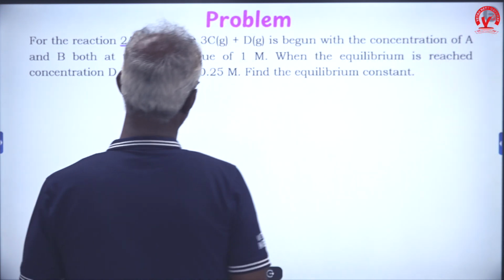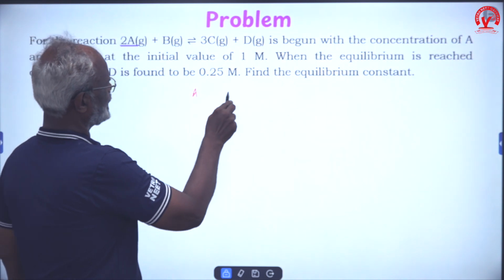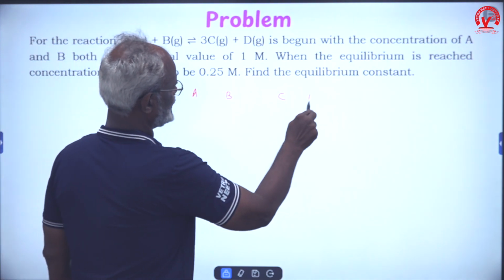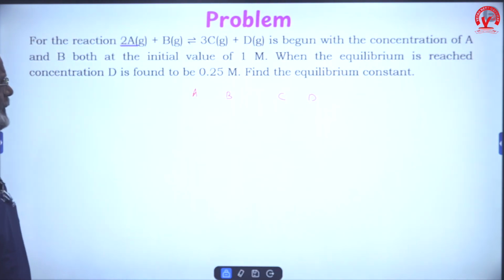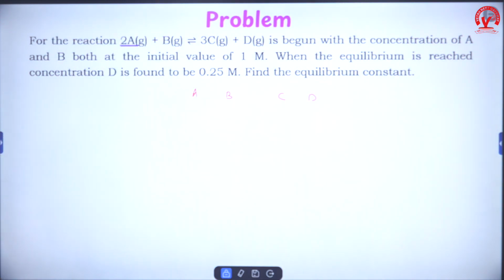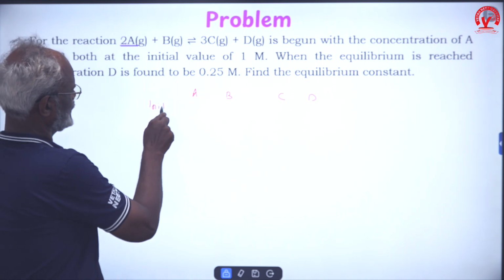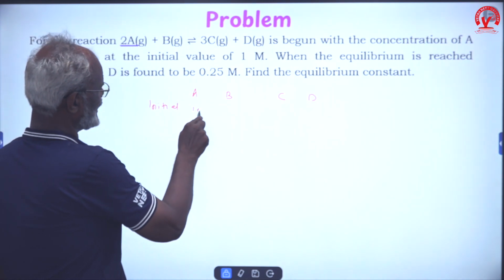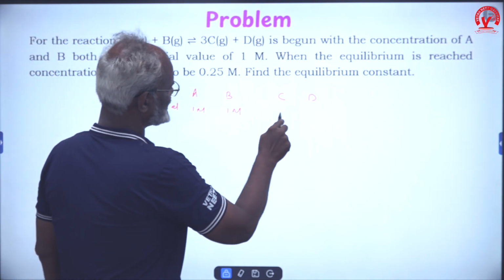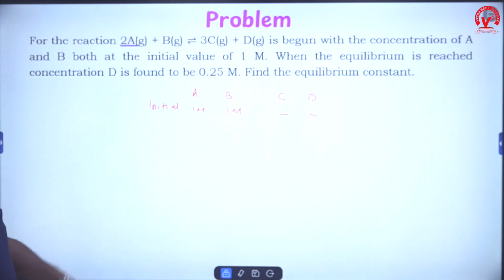First you write simply the reactants and products A, B, C, D. So this is the equation. Then we begin with the concentration of A and B both at 1 M. So initial: this is 1 M and this is 1 M. C and D are not there initially. Now the reaction proceeds.